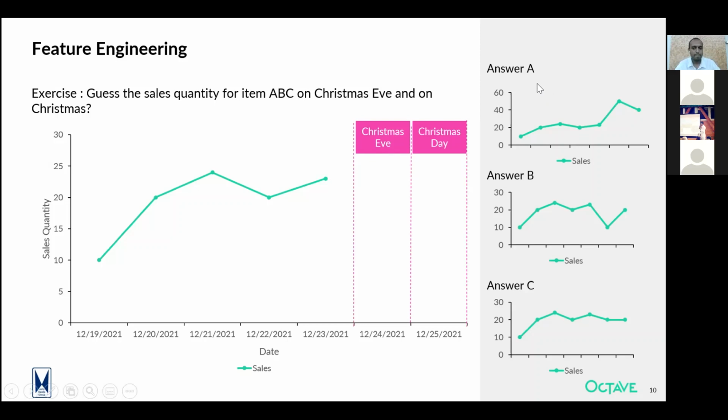That will be answer A. Yes, a possibility would be answer A, because in the retail domain, mostly the day before Christmas and also Christmas Day are high sales days, right? So according to this information, the possible answer would be A. So we could disregard option B, where the sales go down, and option C, which is kind of stabilizing. So as per this slide, the answer should be A.